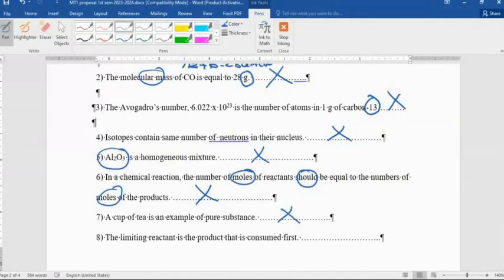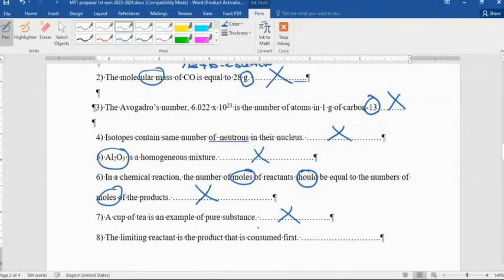Next, the limiting reactant. So the students always ask: please be careful when you read these questions. The student who reads this sentence will say it's true. Why?